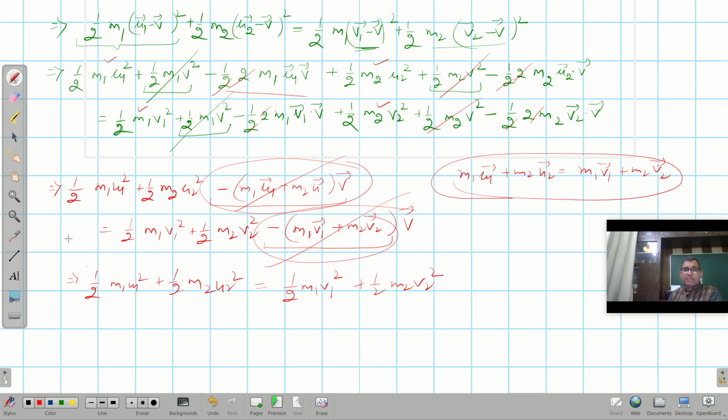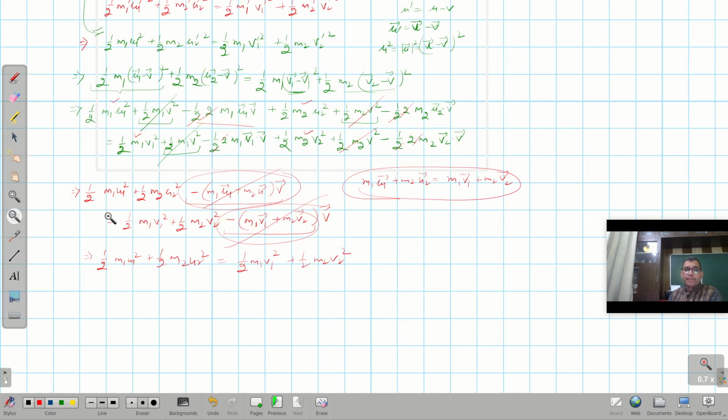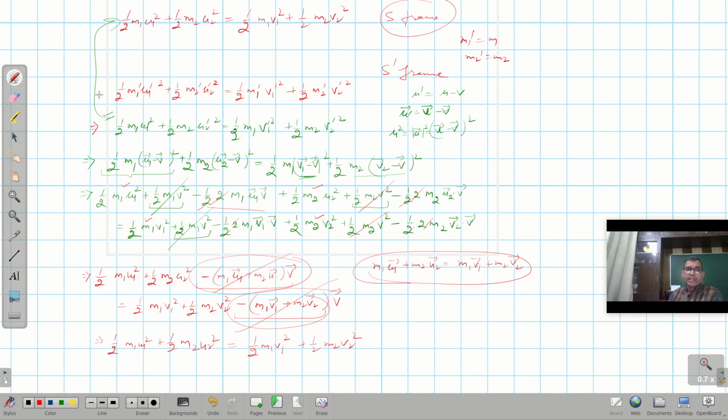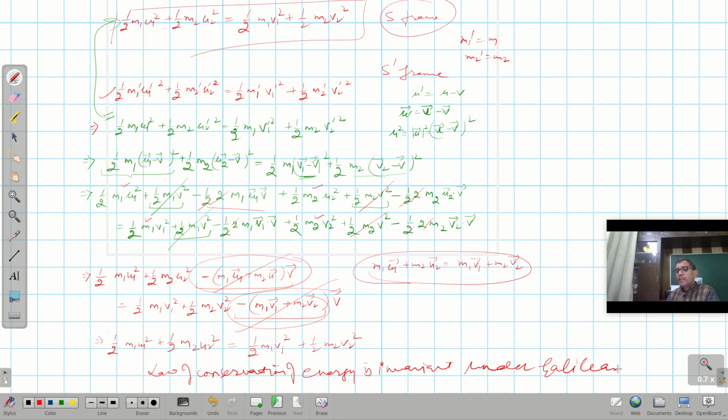Thus I started with this particular relation from here and I reached this point. So what does it mean? It means that the law of conservation of energy is invariant under Galilean transformation.